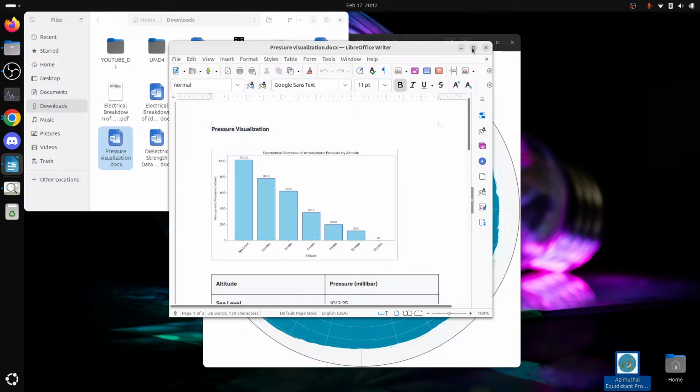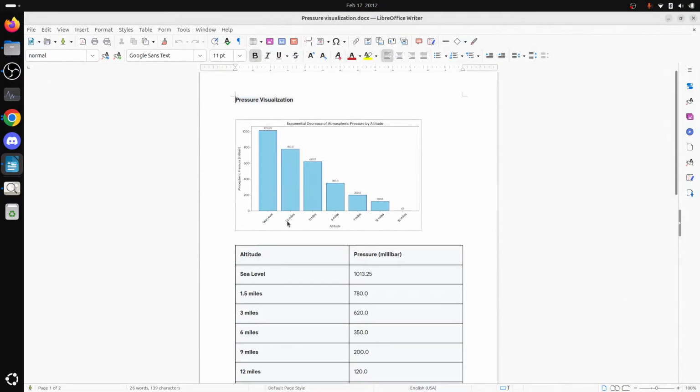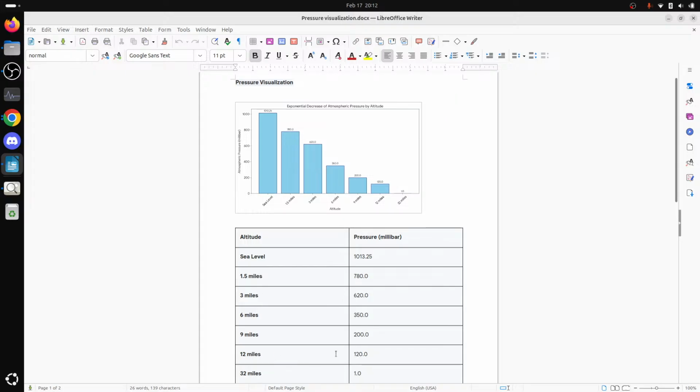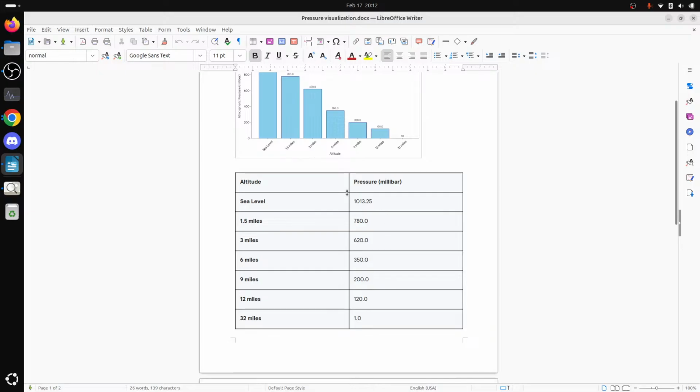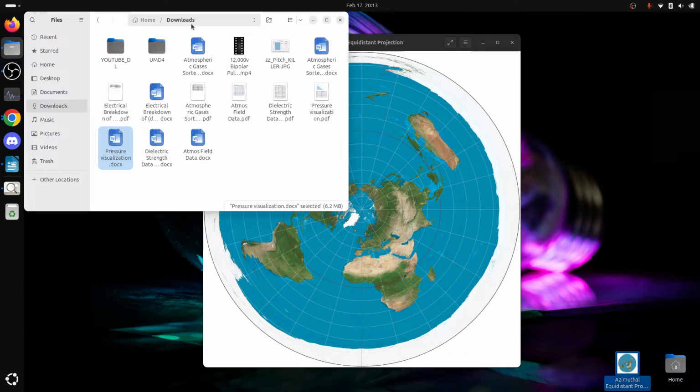Sea level, 1.5, 3 miles, 6 miles, 9, 12. The troposphere, and then you have the stratosphere. Wow, there ain't much atmosphere left up there. There's no point even setting beyond that. Nobody can get there. So this tank circuit.